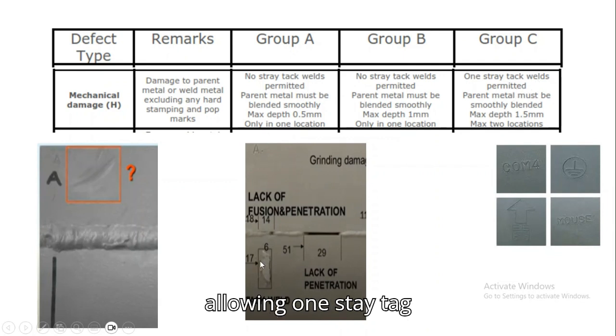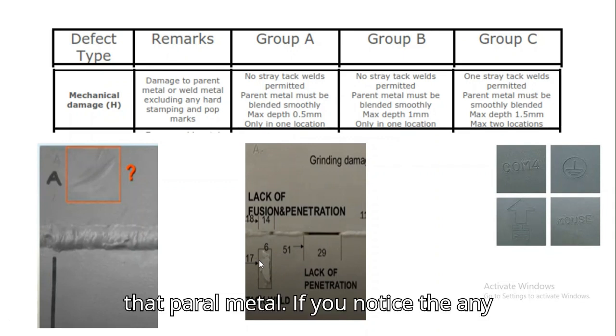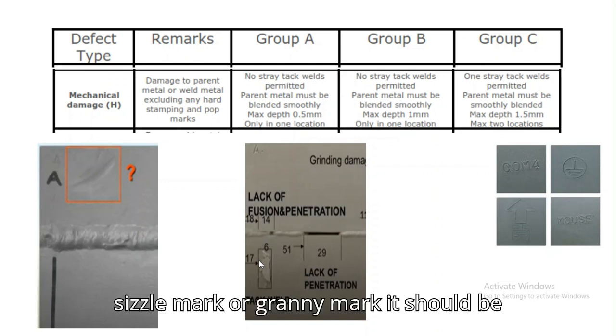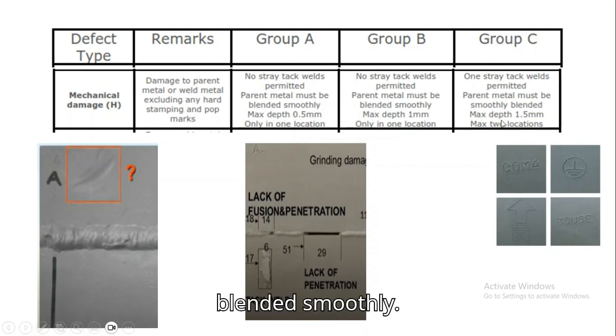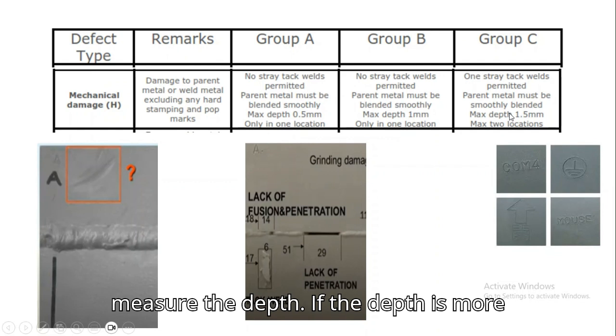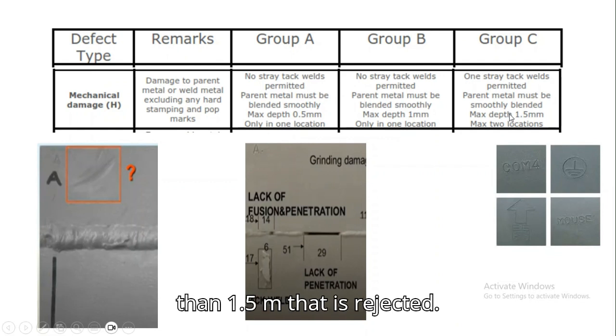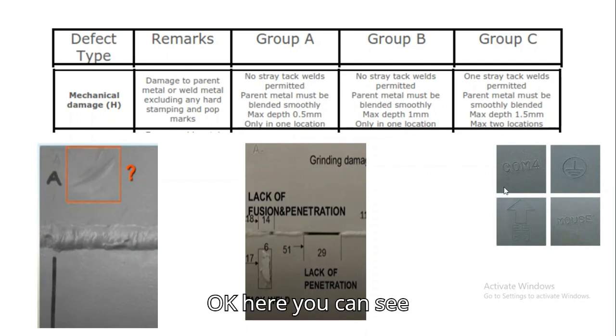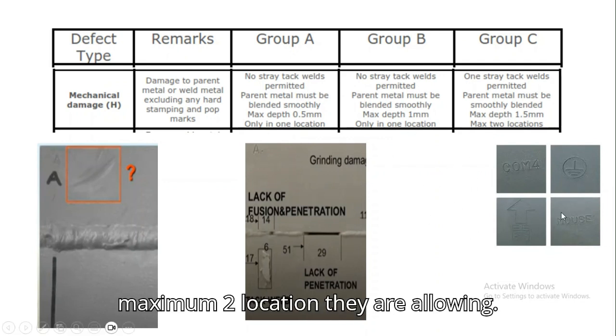And on the parent metal, if you notice any chisel mark or grinding mark, it should be blended smoothly, then it's accepted. Then you have to measure the depth. If the depth is more than 1.5 mm, that is rejected.